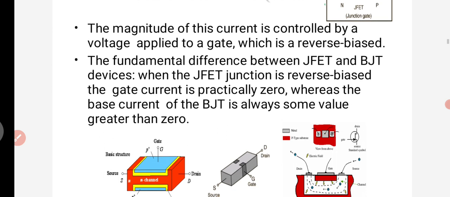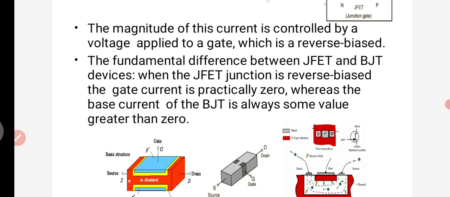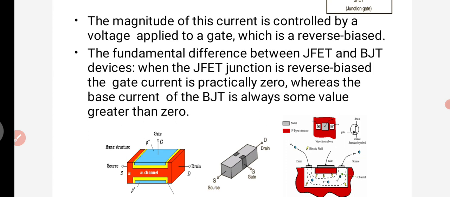The types of JFETs are n-channel or p-channel. Here we create the channel, and this channel will be doped with either donor impurities or acceptor impurities. When doped with donor impurities, it is called an n-type channel or n-type JFET. When doping the channel with acceptor impurities, it is called a p-type transistor.